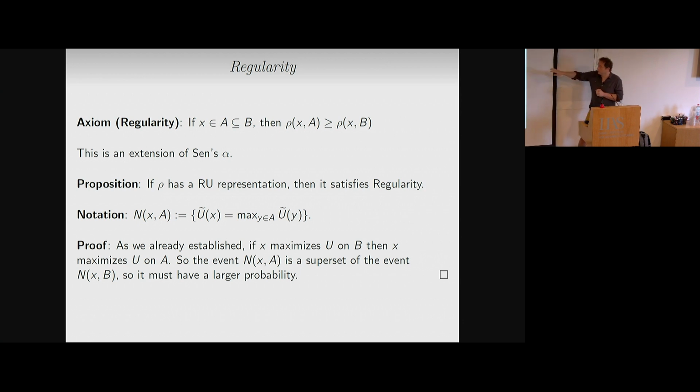If rho is deterministic, that is exactly the alpha axiom, but it also holds for stochastic choice functions.